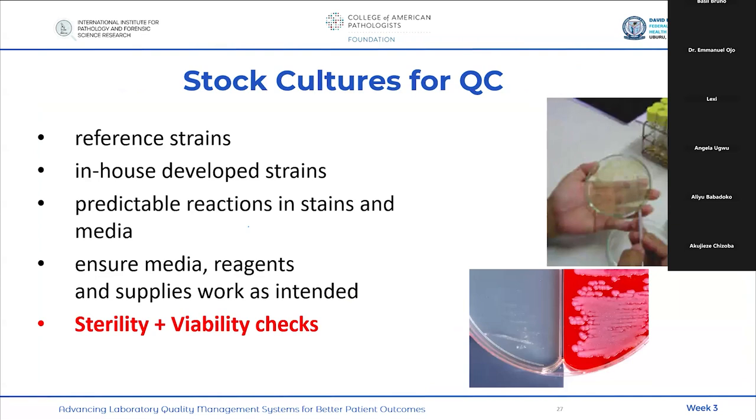Okay, so let's talk briefly about stock cultures for quality control. We look at the use of reference strains. There could be an in-house repository of developed strains. And in all of these QC for stock cultures, you need to ensure that the media, the reagents and supplies work as intended. One of the key aspects of QC in this area is sterility testing and viability checks.